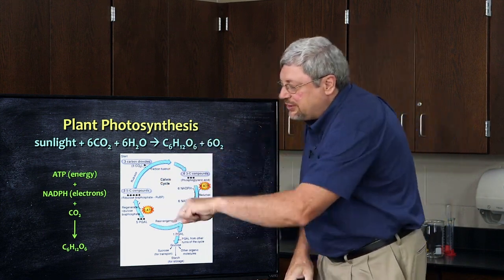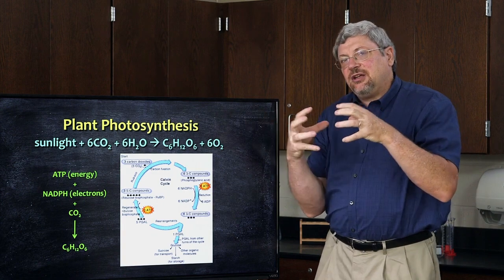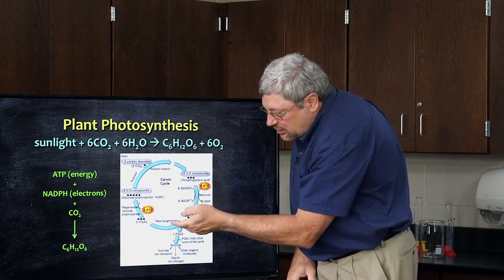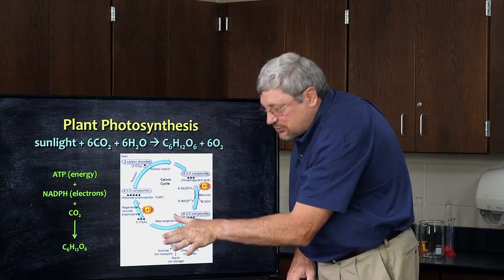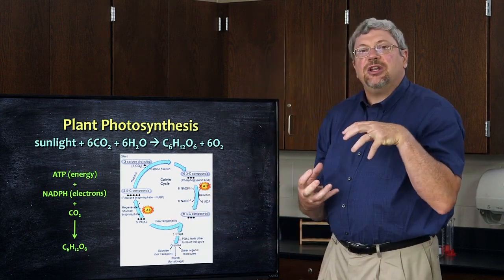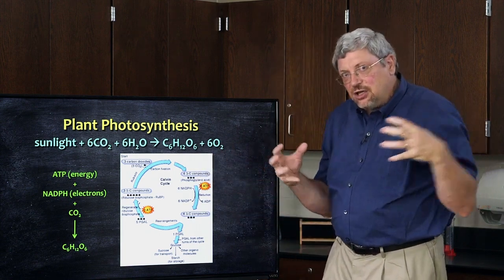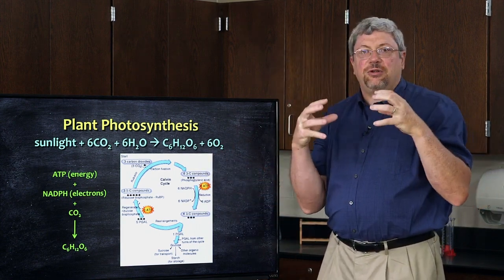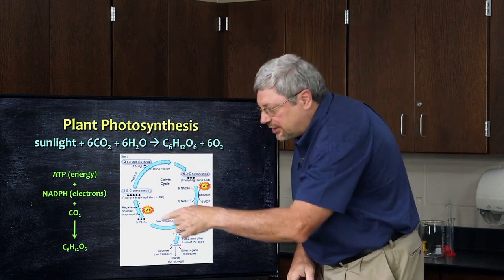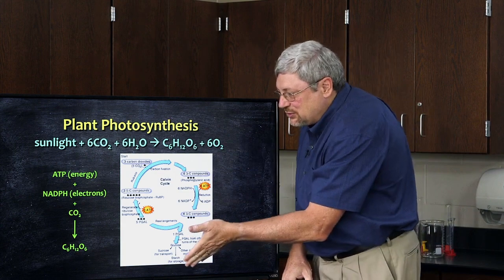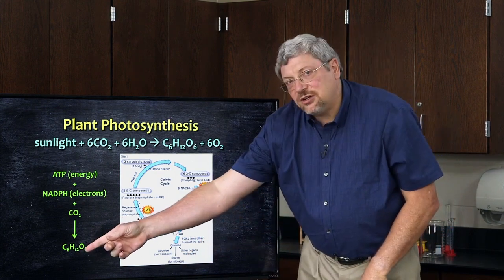Every time we go around the cycle, we stick another carbon onto a molecule. Go around 3 times, we kick off a 3-carbon chain. Go around 3 more times, we kick off another 3-carbon chain. We put those 2 things together, we have a glucose molecule. So basically you turn your cycle around 6 times and you generate sugar in the process.